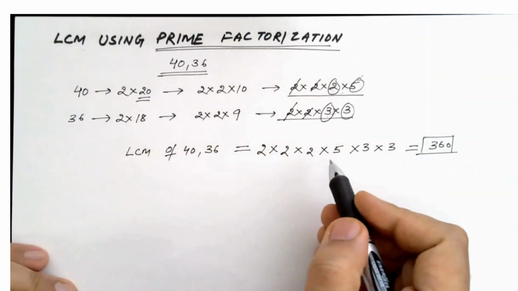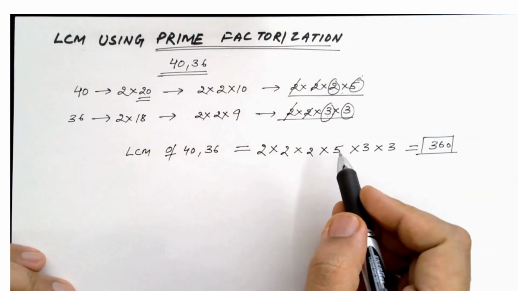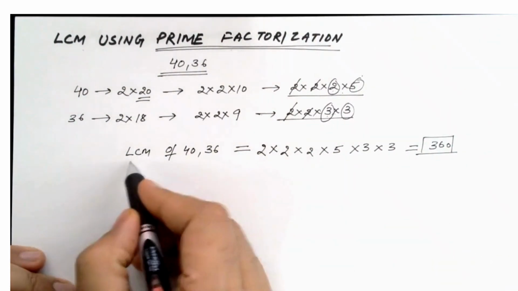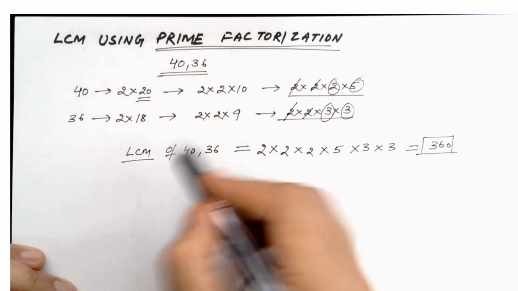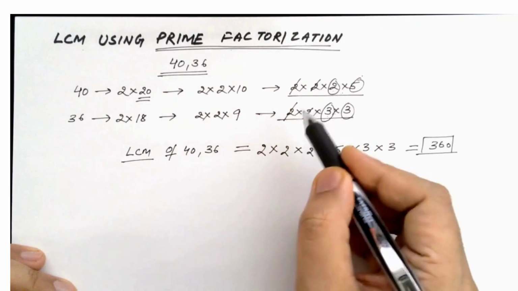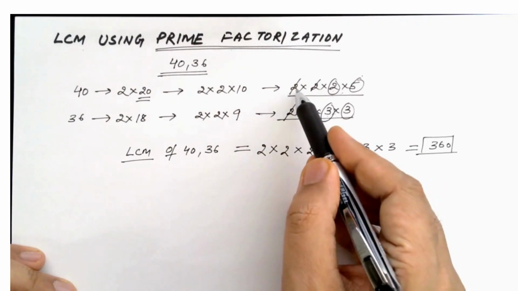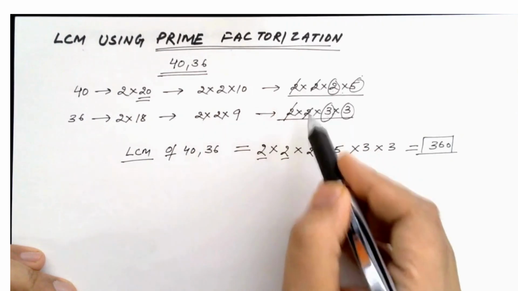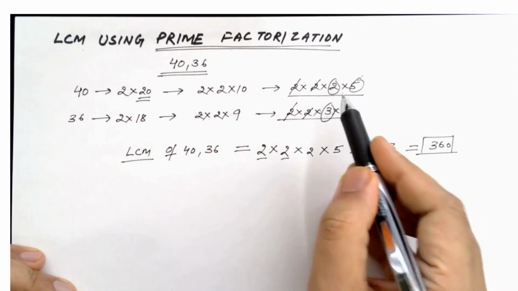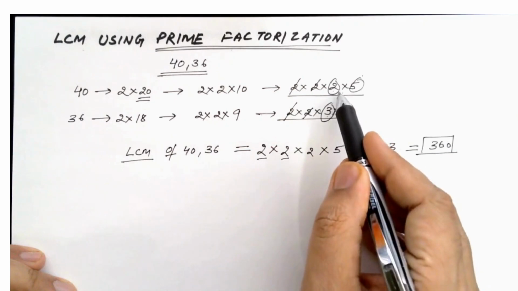So we have to understand here how we are including the prime factors to derive the LCM. Basically, when we write all the prime factors of both the numbers and pick them, we pick the common ones only once, because 2 was common, we only pick it once. But those which are not present in both, we have to include as well.